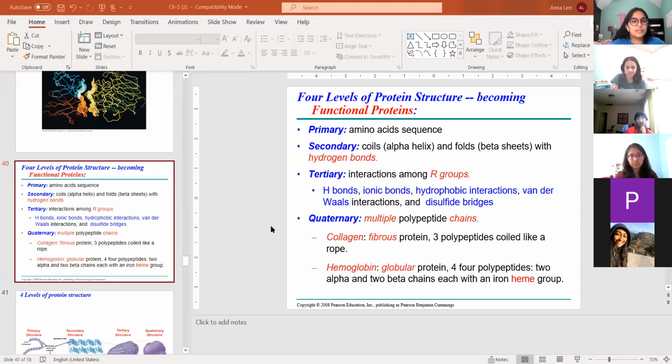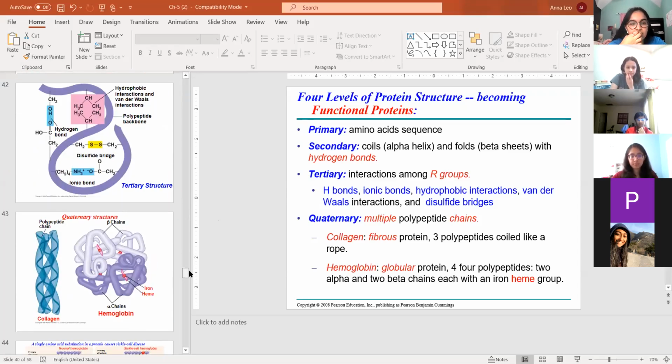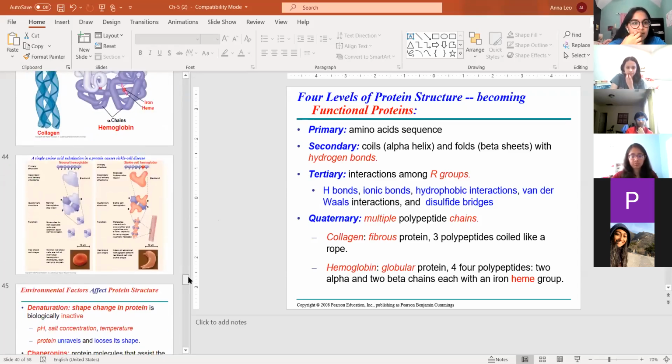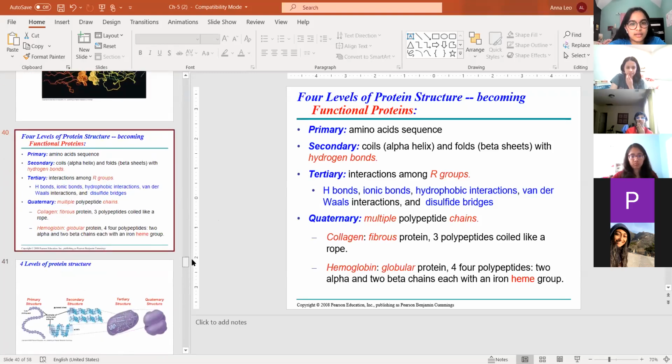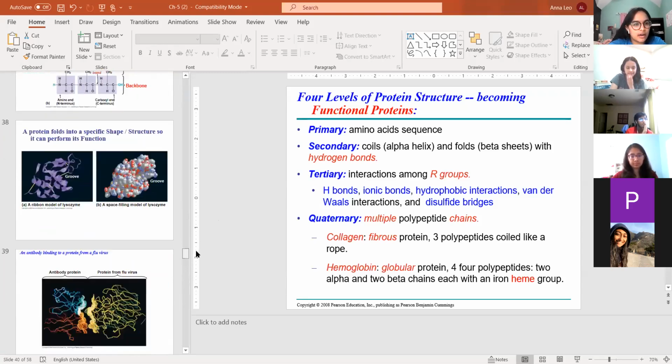If anyone wants to jump in, you can, because I'm honestly not really sure about this one. But they ask why it is stable, and I think it might have to do with the interactions among R groups.